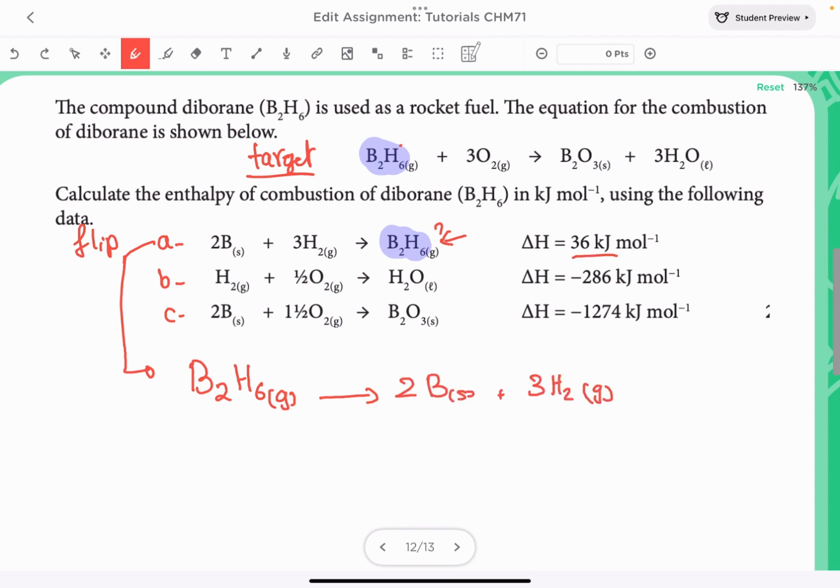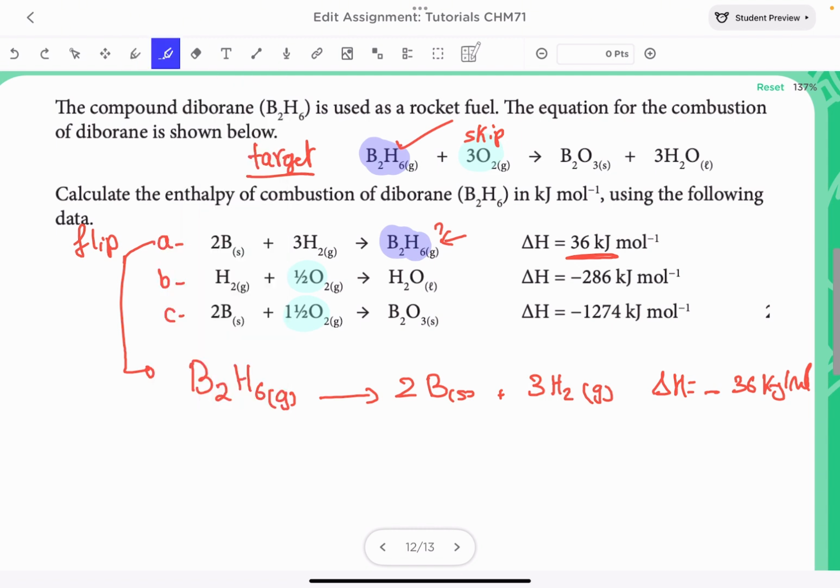And just like I explained previously, if you reverse a reaction, the delta H will be reversed, kilojoule per mole. I'm done with this. Now let's find O2. This O2, I have it here and I have it here. It's going to confuse me because it's found in B and C.